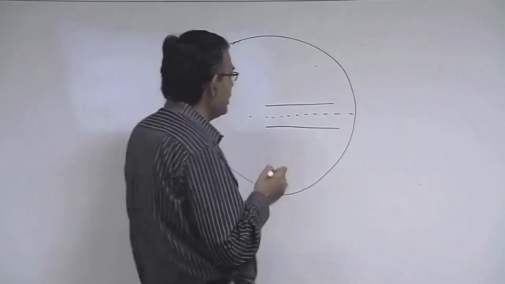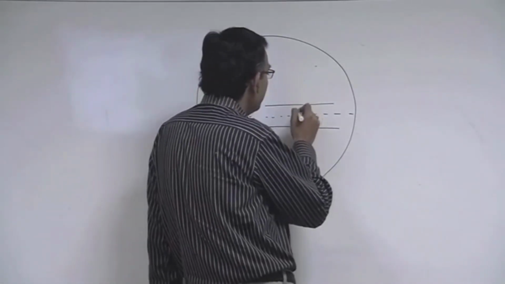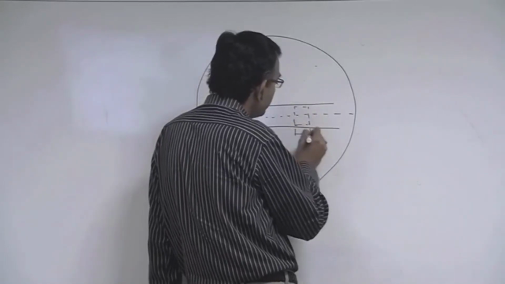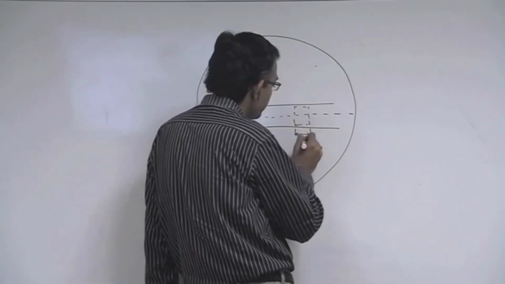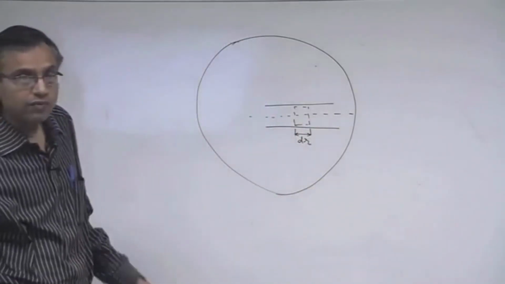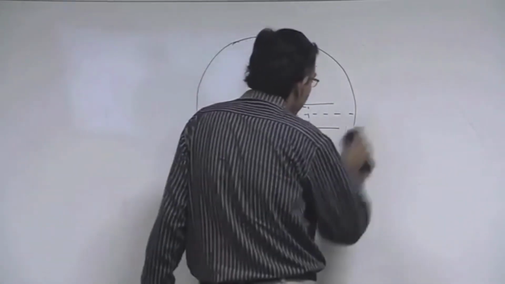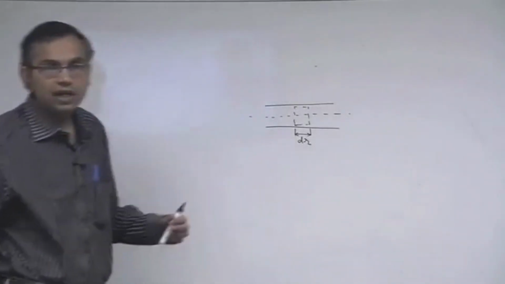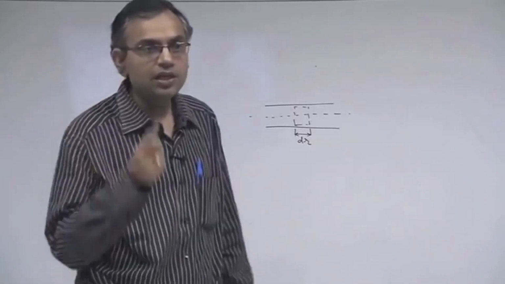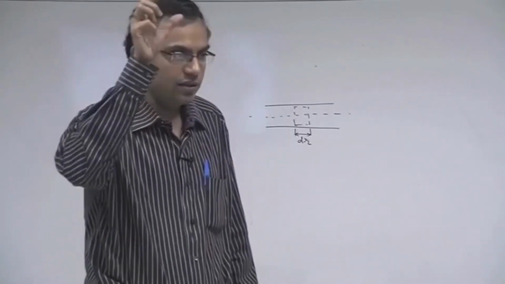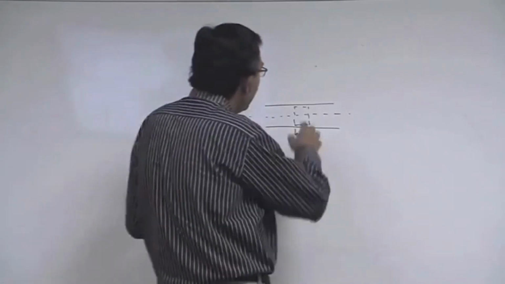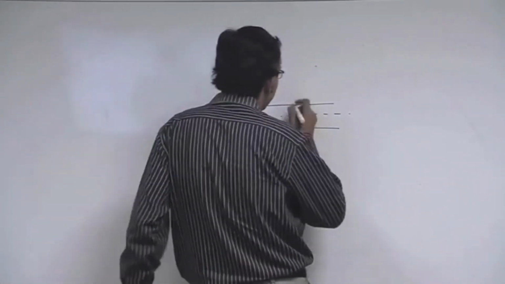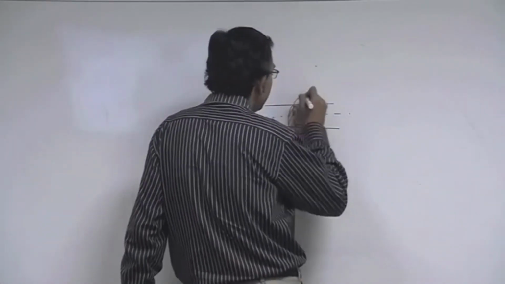So because of the rotation, assume that there is a small fluid element of length dr, and the area of cross section of the channel is A. If it is of rectangular shape, then it is the width into height, but let us forget about the shape. Let us say that the cross sectional area of the channel, this cross section, this is A.